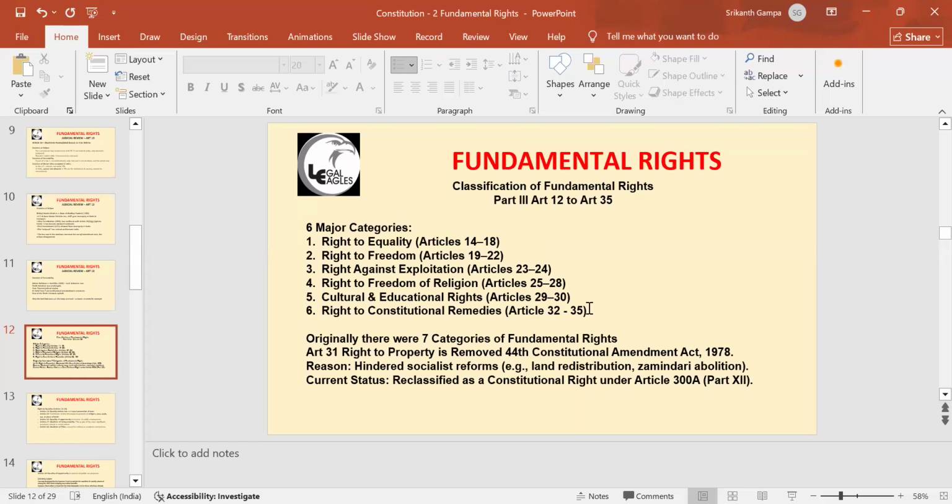Okay, but there is no Article 31. So there were 7 categories when the constitution was framed. The 7th category was removed in the 44th Constitutional Amendment. That is right to property. Originally there were 7 categories of fundamental rights. Article 31, right to property, is removed.